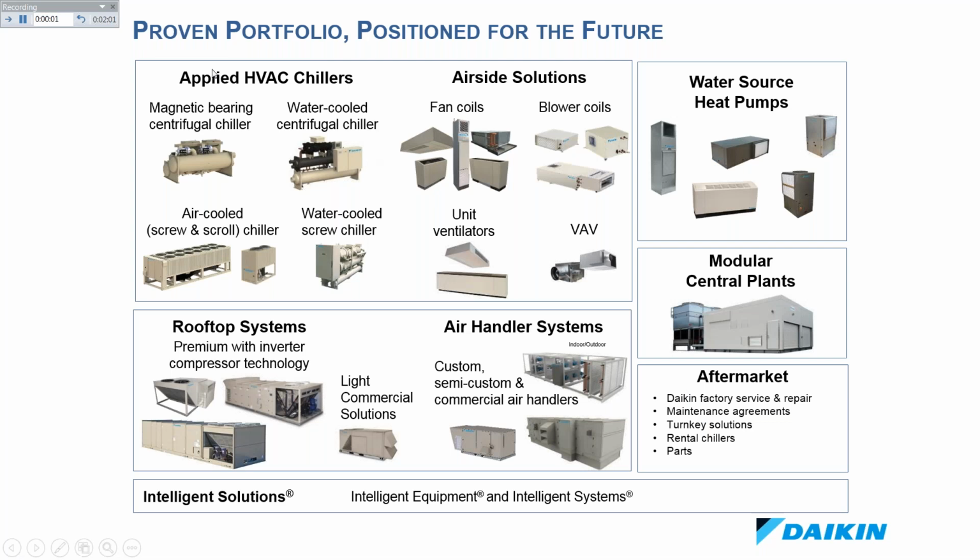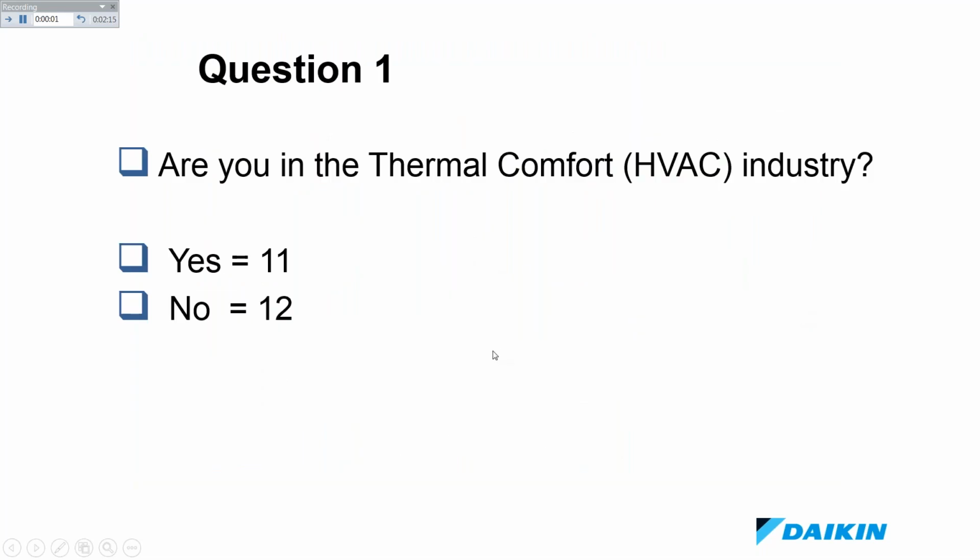The things we make are chillers, airside solutions, rooftop systems, air handlers, water source heat pumps, modular plants, and central plants. So I did that to give you an idea: we are in the thermal comfort business, the heating, ventilation, and air conditioning industry.